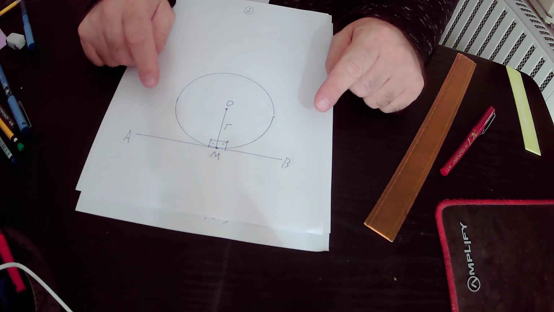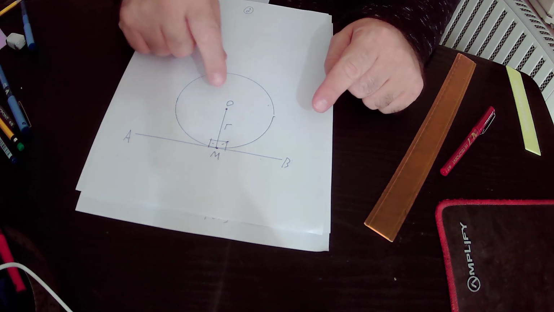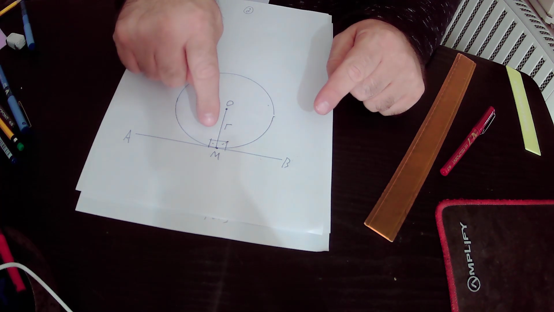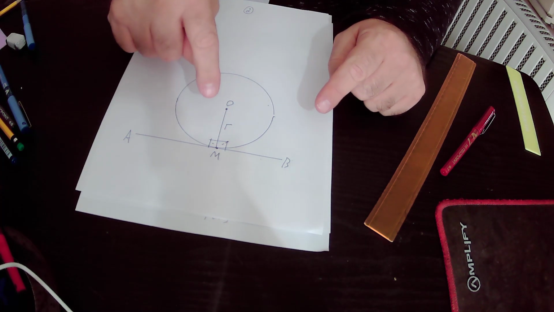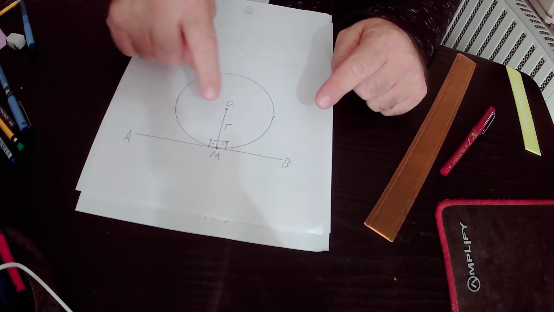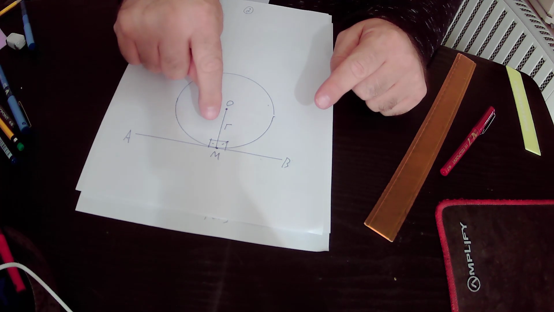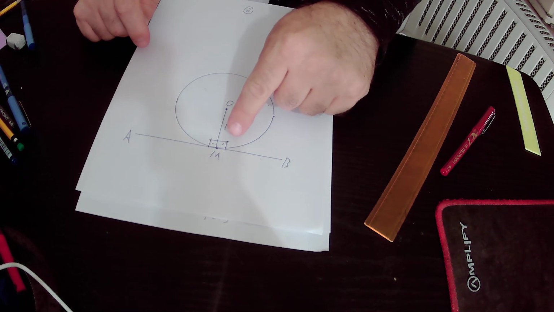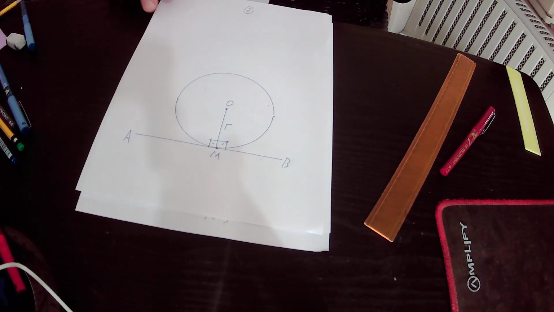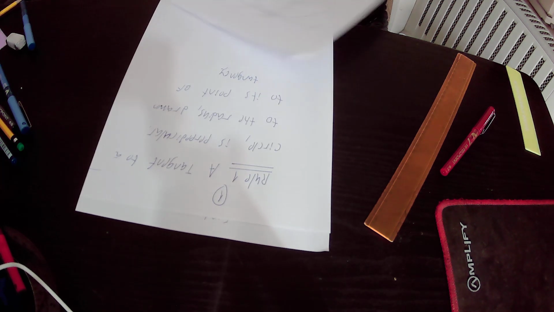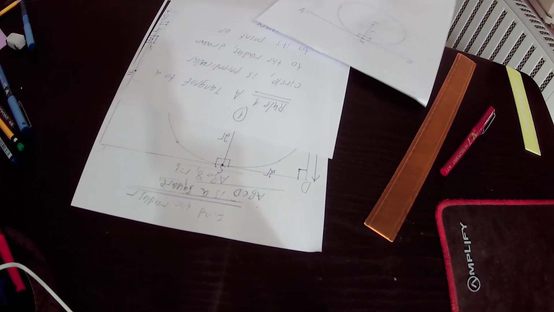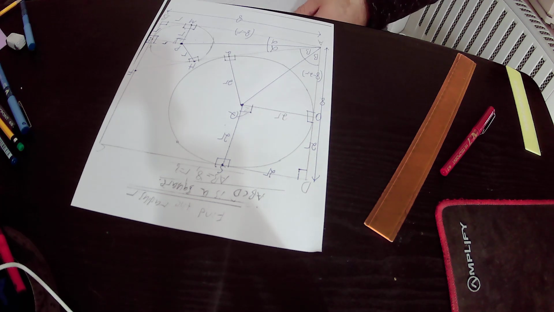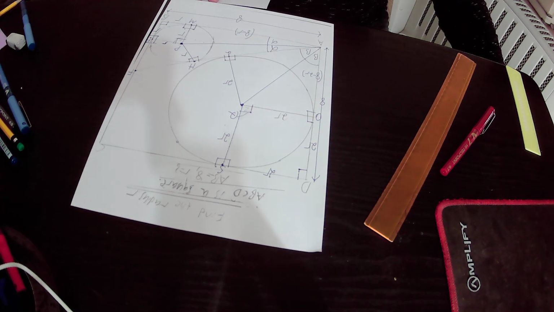In our drawing, this radius OM is drawn to the point of tangency, that is to say to point M. Therefore, the tangent AB is perpendicular to this radius, that is to say this angle equals 90 degrees and this angle also equals 90 degrees. Okay, so that is rule number 1, and we also have rule number 2.